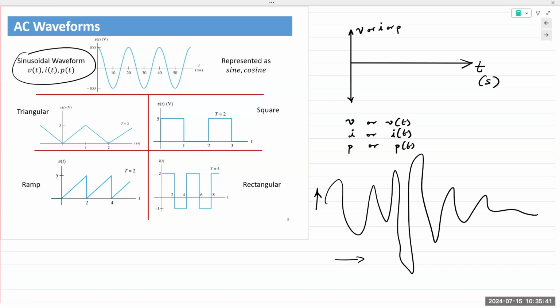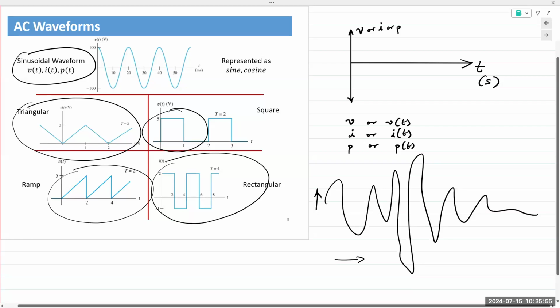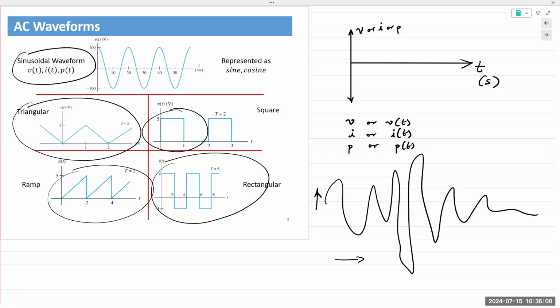Basically, any quantity that changes its value with respect to time is AC. Here are some of the other more common ones that we use: triangular, square, rectangular, and a sawtooth or ramp waveform. Each one of these has their own functions. Some of these are very specialized.